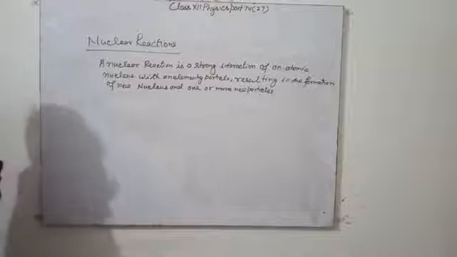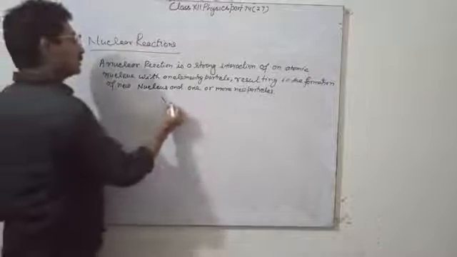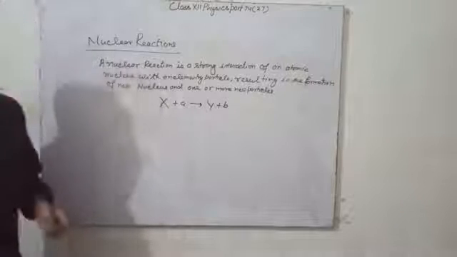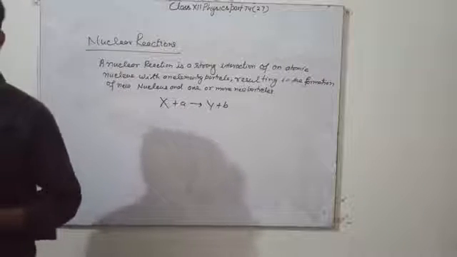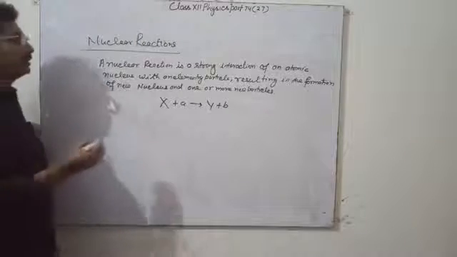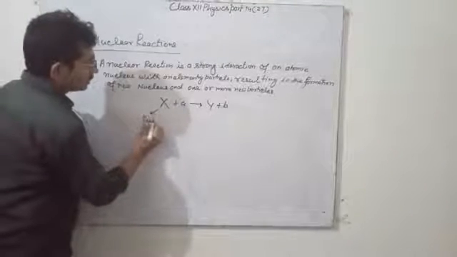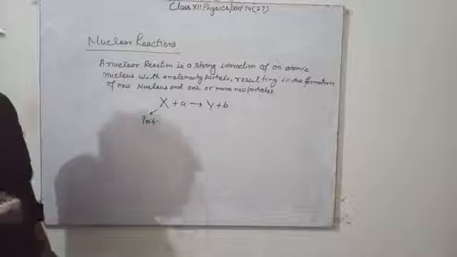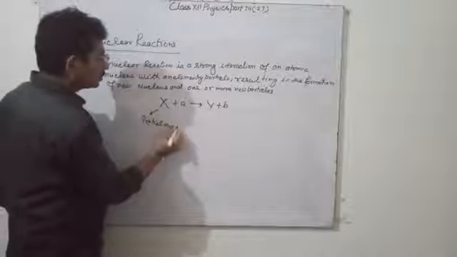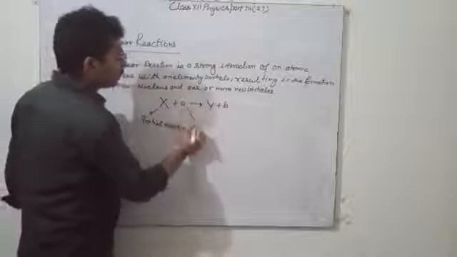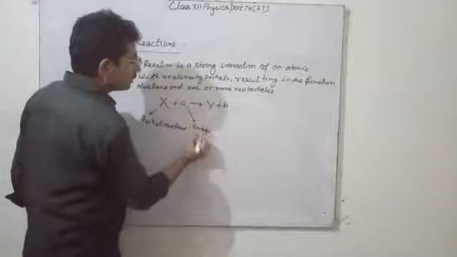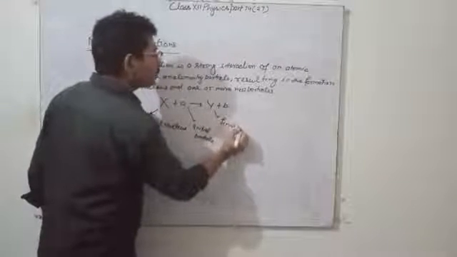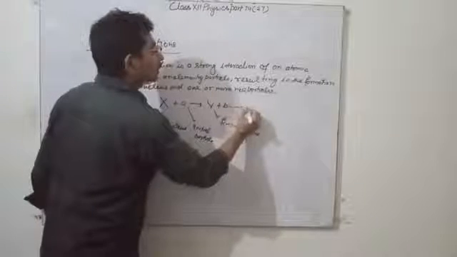As an example, X plus A gives Y plus B. Here X is the initial nucleus and A is the initial particle, Y is the final nucleus and B is the final particle.